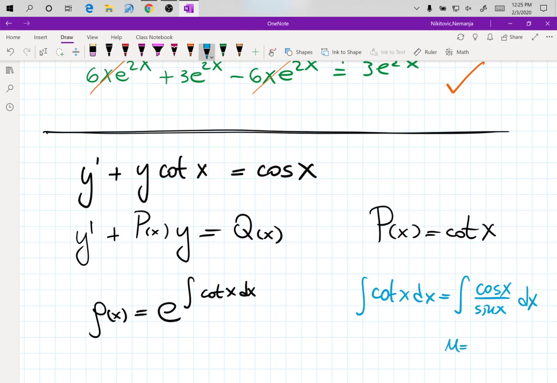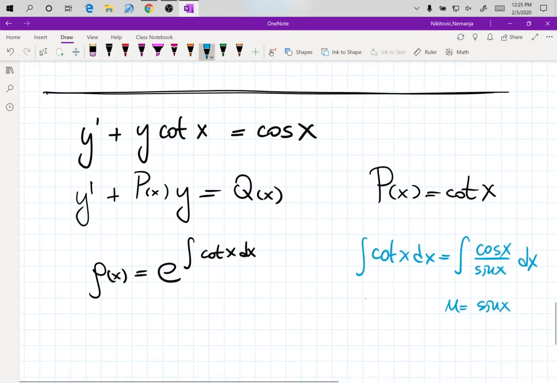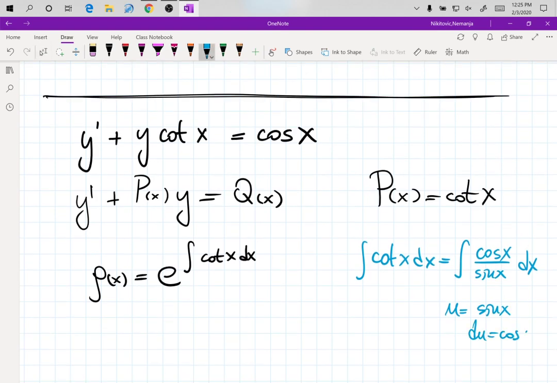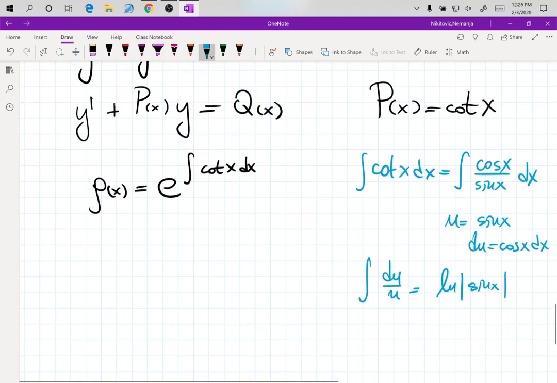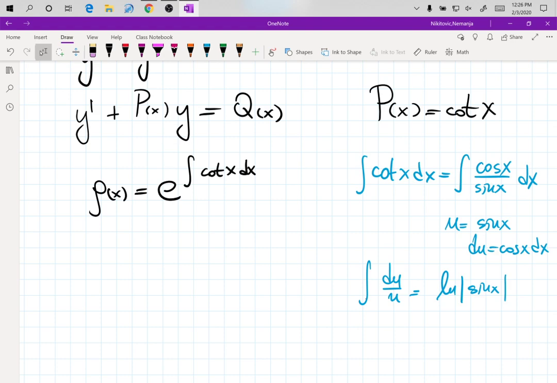We have our u to be sine x and du is cosine x dx, which turns the integral into du over u, which is ln of absolute value of sine x. And then we have the plus c, but we don't worry about plus c in this case because such is life, right? Yeah, ln sine x. Yeah, we're done there.